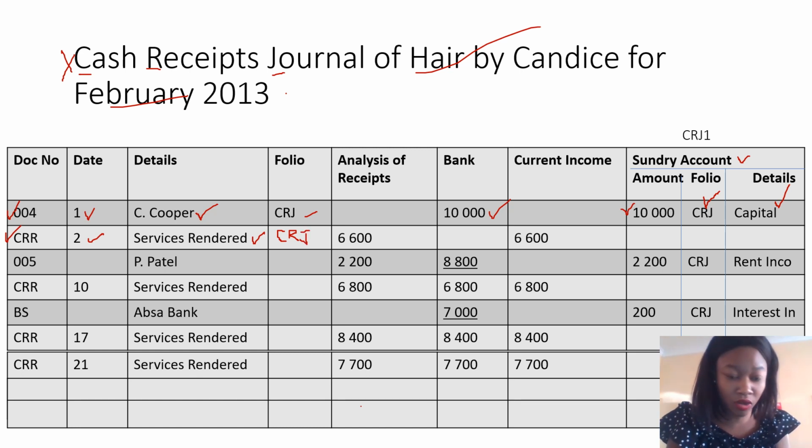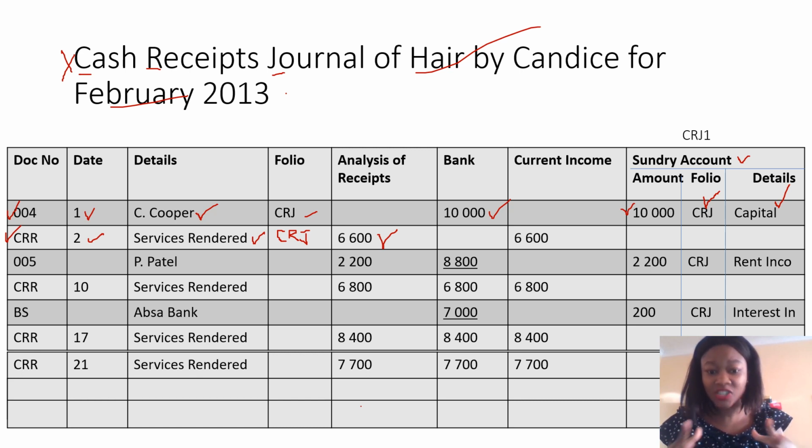And then analysis of receipts. Did we receive any money in our cash register roll, in our till? Yes. So we record how much was received in the till. In the till, we received 6,600. And then when the business receives money, where does it take it? Straight to the bank. So we are supposed to have 6,600 there. However, why are we receiving this money in the bank?